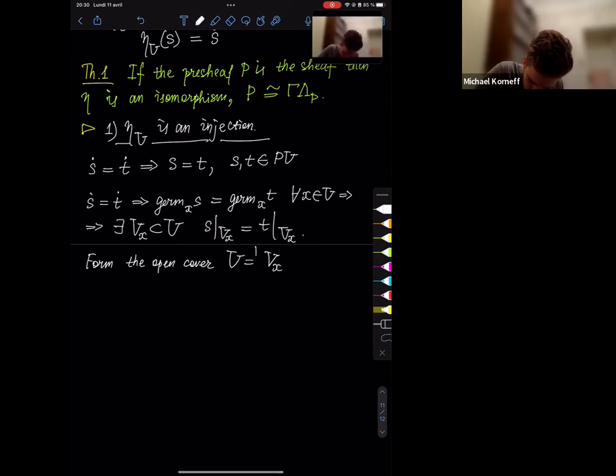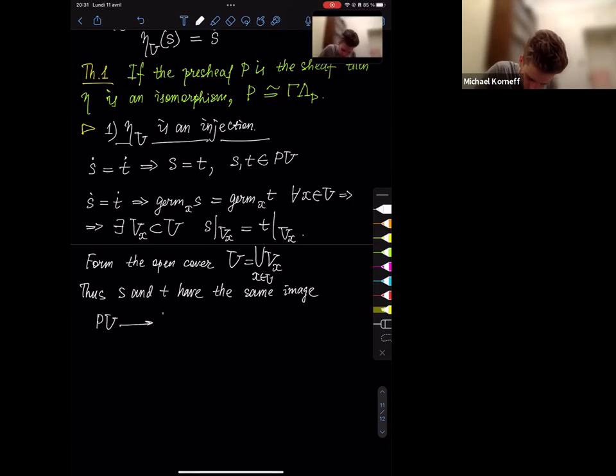U is equal to the union of Vx, and thus S and T have the same image in the corresponding equalizer.